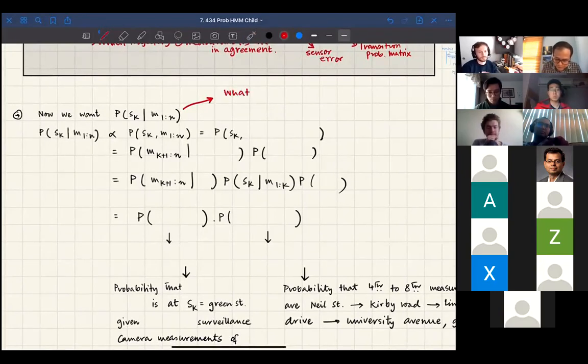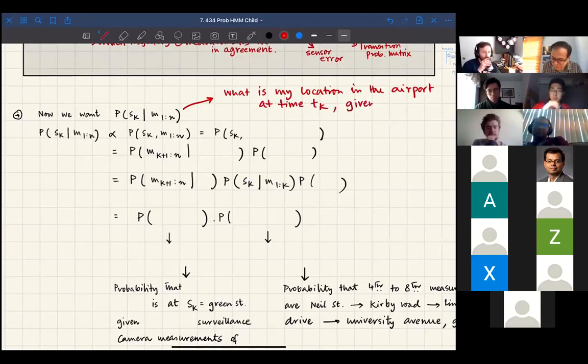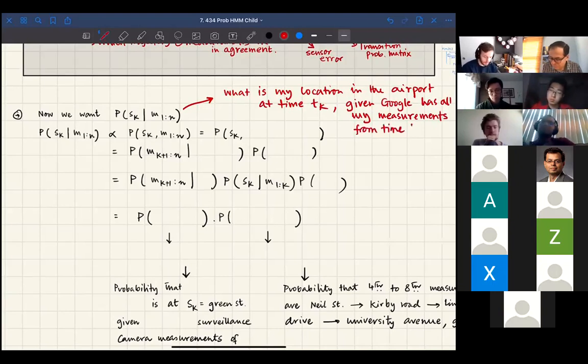What is my location in the airport at time tk, given Google has all my measurements from time 1 through n, where n is greater than k?